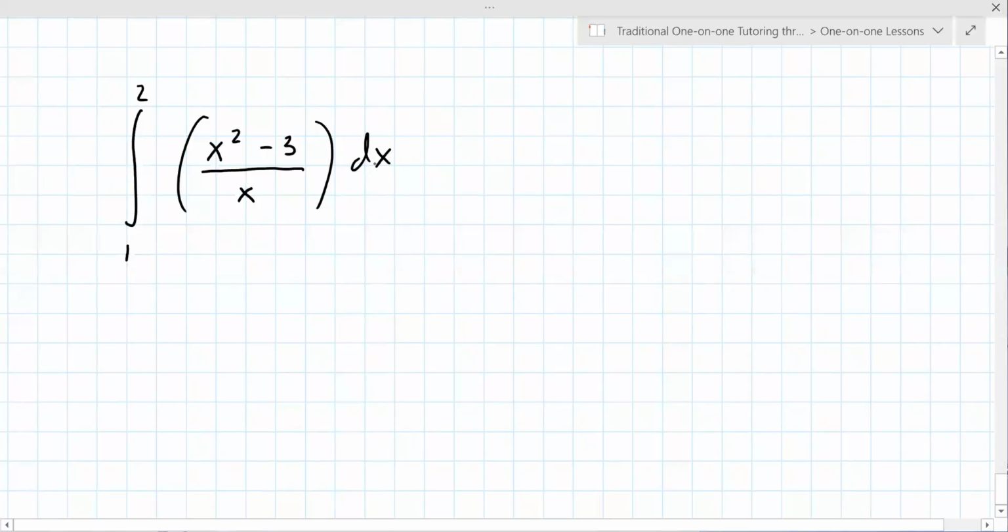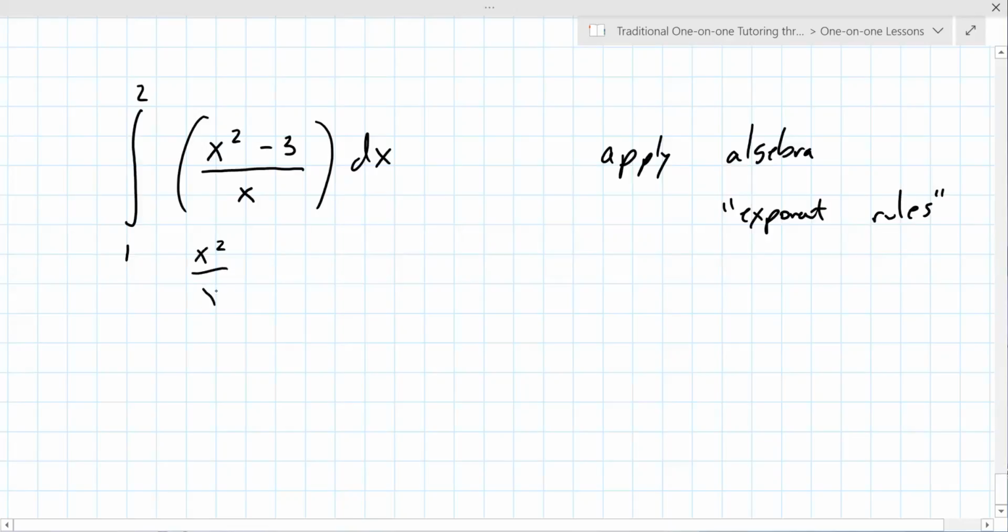At first glance, it would seem like there's no way to do this, but if you apply algebra, and specifically its exponent rules tend to be the ones you're using the most of here, this is like x squared over x minus 3 over x. So this becomes the integral from 1 to 2 of x minus 3 over x dx.